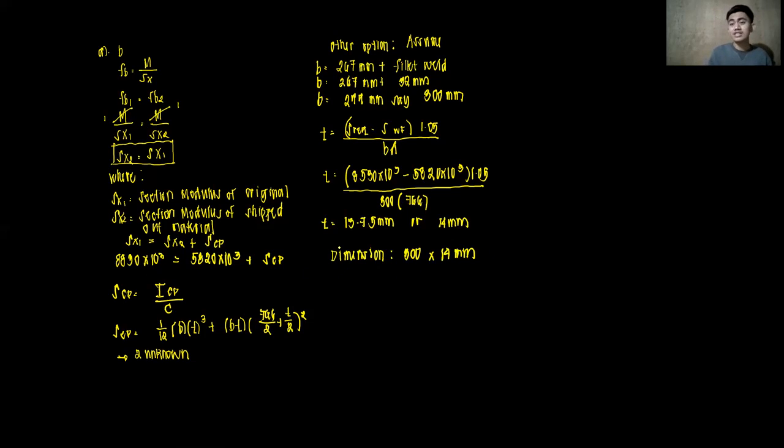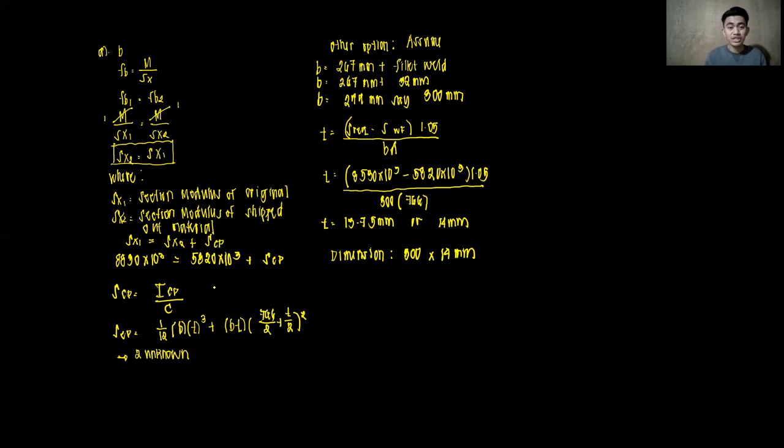That is because if the combination of the section modulus of the existing material plus the section modulus of the cover plate is less than the section modulus of the original material, then it cannot carry the load that is supposed to be imposed on the original material.